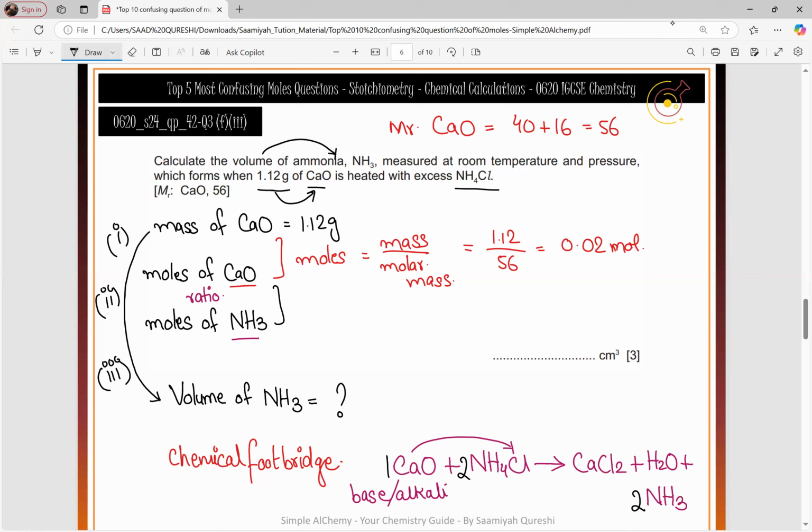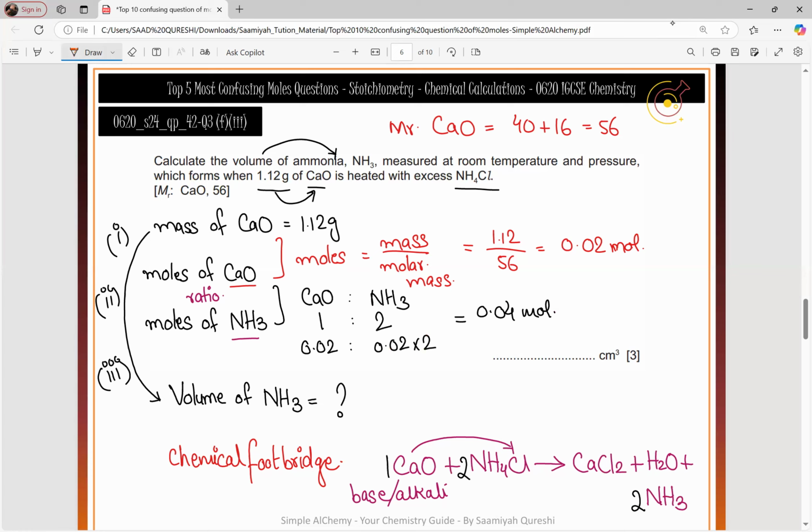Here, we'll take the ratio between calcium oxide and ammonia. Calcium oxide is 1 and ammonia is 2 according to the equation. So 0.02 will give how much? It will be 0.02 multiplied by 2, and the number of moles of ammonia will be 0.04 moles.